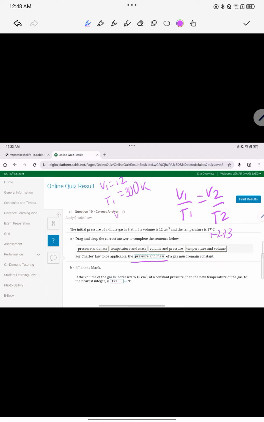The volume 2 is equal to 18, T2 is equal to question mark, so 12 over 300 equal to 18 over T2. When we calculate it, we will get 450. T2 is equal to 450, but we want to make it in Celsius, so 450 minus 273, you will get 177.